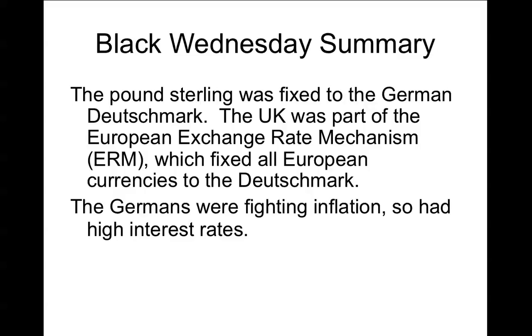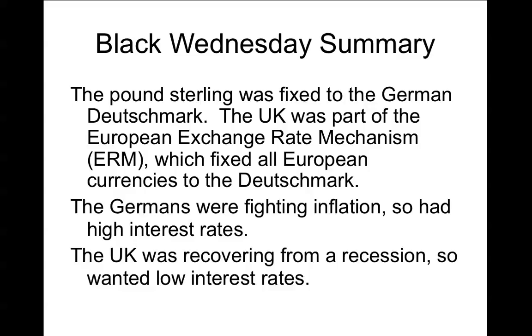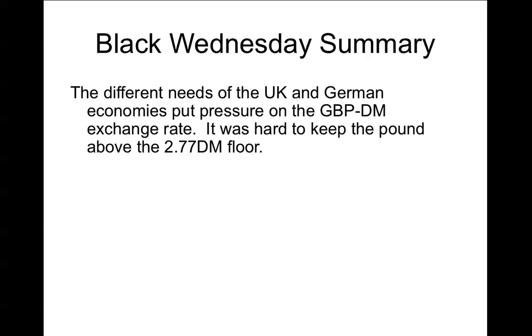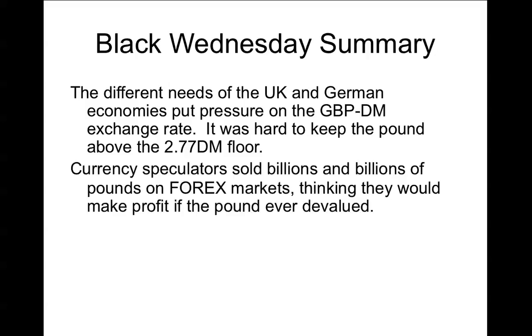The Germans were fighting inflation, so they wanted to have higher interest rates, but the UK was recovering from a recession, so they wanted low interest rates. And so, because of the different needs, there was pressure on the pound to be able to maintain this 2.77 Deutschmark floor. Basically, the pound wanted to go below that minimum price in Deutschmarks.